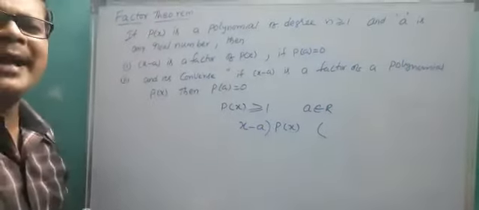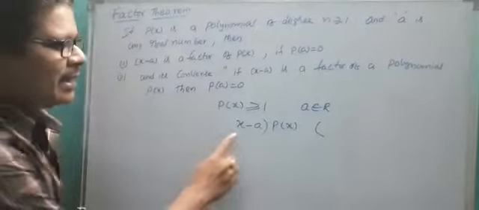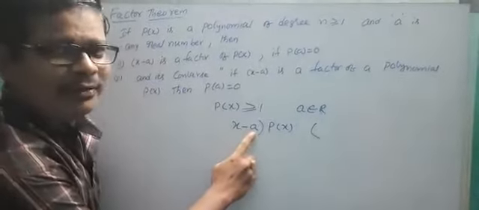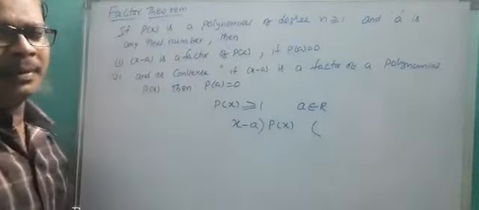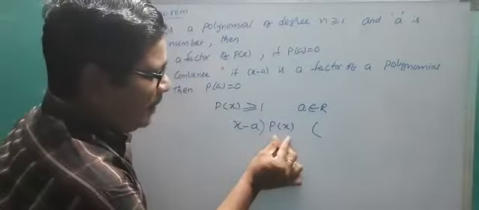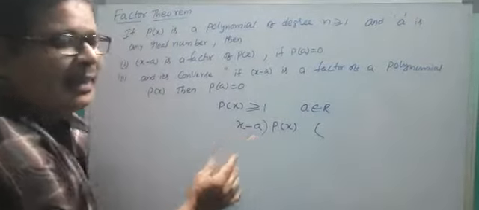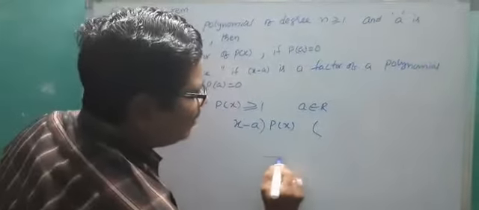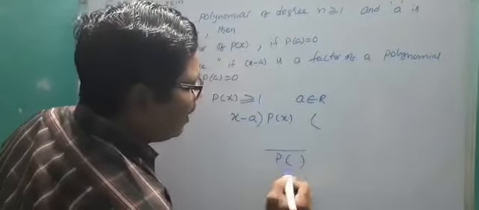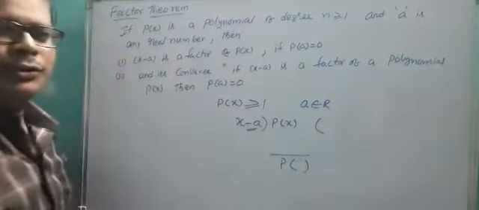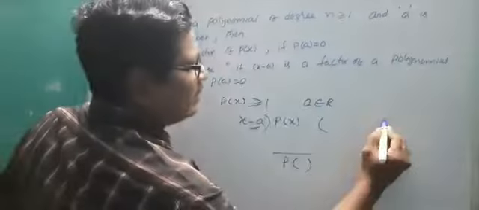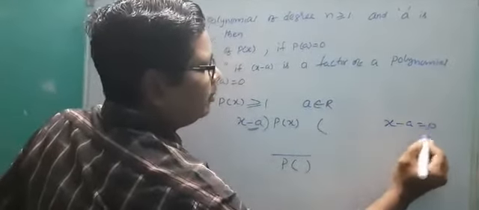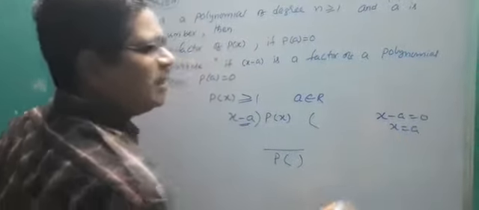If p of a equals 0, that means the polynomial p of x is divided by x minus a, where a is any real number. So p of x is divisible by x minus a. Then the remainder is found by setting x minus a equal to 0, so x equals a.